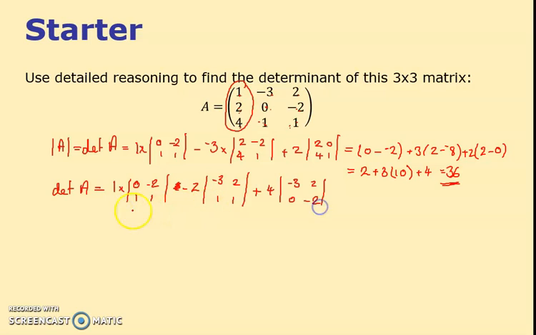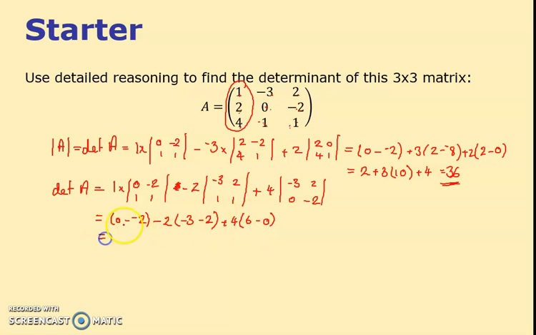Now, you might think to yourself, well, why on earth is he doing that? Because obviously we've already got the answer. But it just highlights the fact that you can do it more than one way. So the first one was the same as last time. This one's minus 3, minus a 2. And this is plus 4 lots of 6, minus nothing.